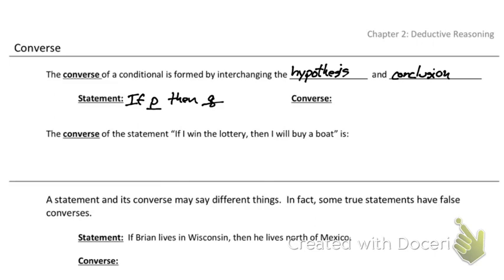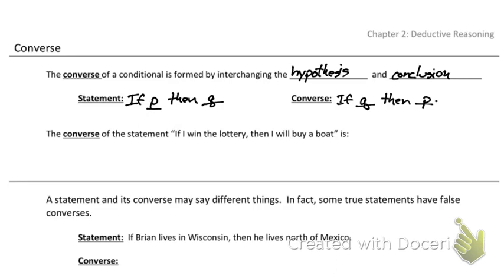All right? Your converse is going to be if my conclusion happens. So if Q, then P. So if I ask for the converse, you just have to know what your hypothesis and your conclusion is and flip their two spots.